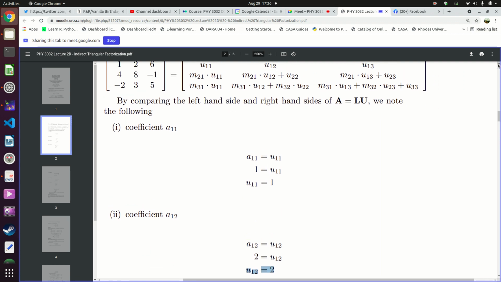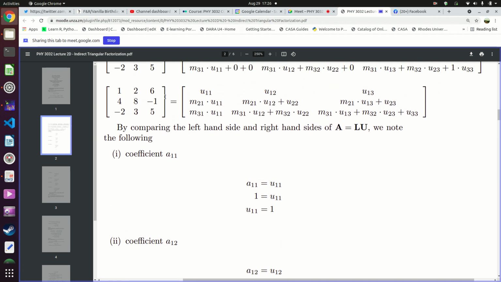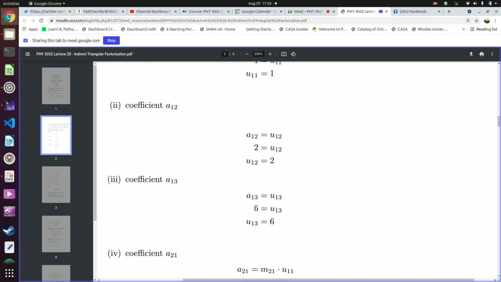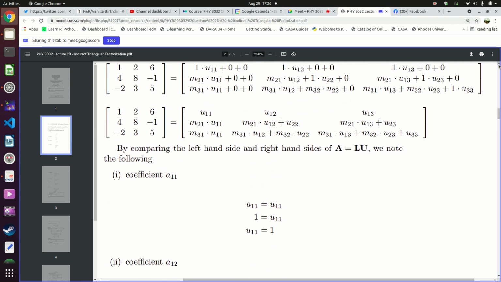Okay, then you move on to this one here, the 6. This 6 value is going to be equal to this one here, U13. So you end up with 6 being equal to U13, and therefore your U13 is going to be equal to 6.